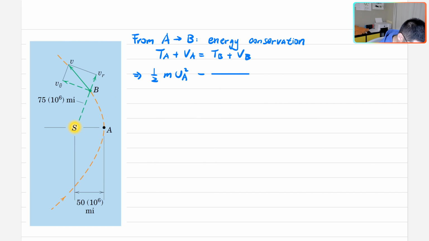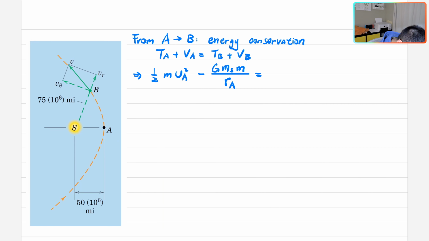When using the gravitational law, it is always minus G m sun and m comet over RA. If you forgot this part, you can take a look at previous sections. We talked about this. When calculating potential energy using the gravitational law, it's always the minus.